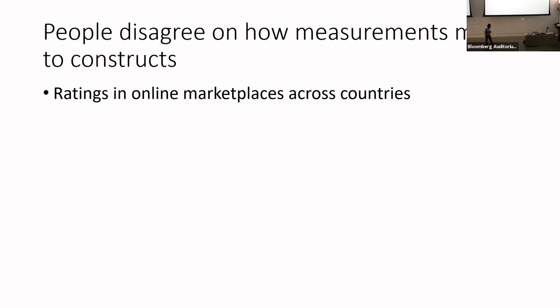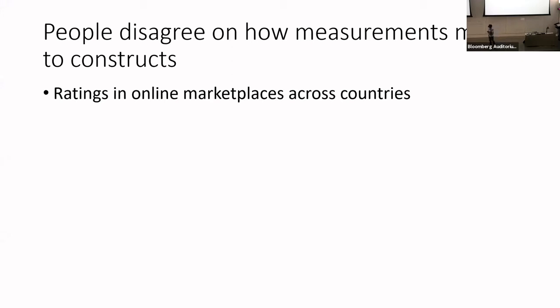Okay, so the first issue is that quantitative data does not exactly capture the construct that we care about. There's a difference there. It gets worse, which is that people disagree on the mapping between constructs and their measurements.